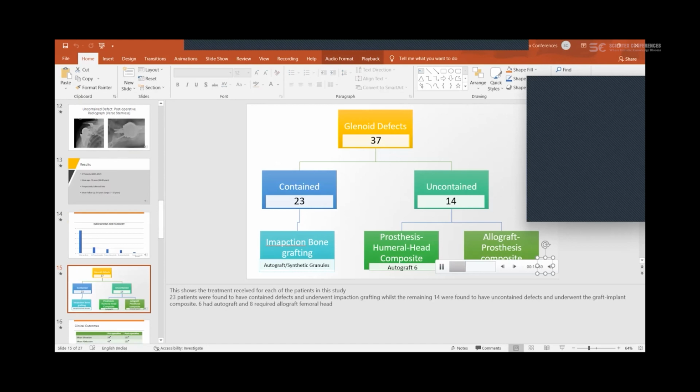The 23 with a contained defect underwent impaction bone grafting, either with their autograft humeral head or with synthetic granules as described earlier. Of the 14 that were found to be uncontained, 6 underwent graft implant composite from their own humeral head, whilst 8 underwent allograft from a femoral head.